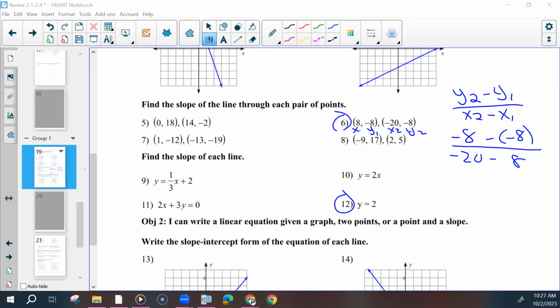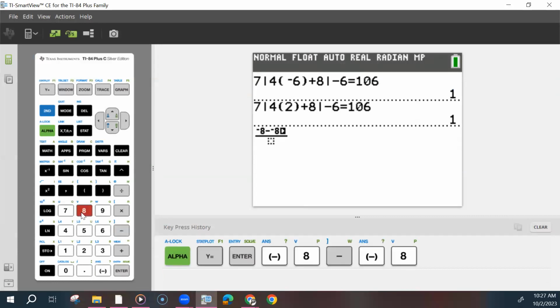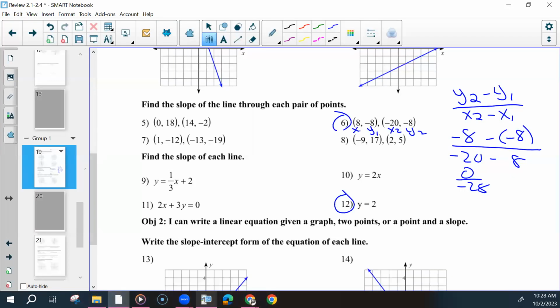I'm going to do it with my hand. We need to simplify always. So if you put it in your calculator all at once, it'll simplify it for you. This is 0. If you did it the way I did it, you would just need to know that this is 0.